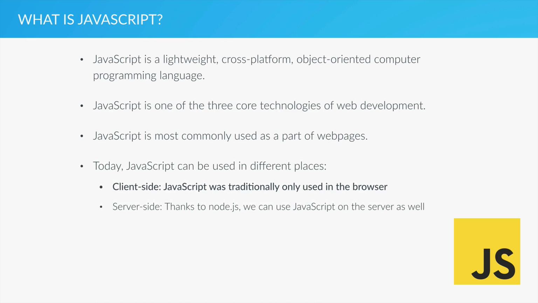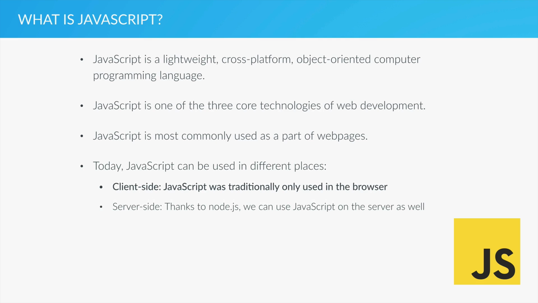So on the web, JavaScript was traditionally only used in the browser environment, which means that it's only a client-side language. However, more lately, thanks to new technology called Node.js, which you may have heard of, developers have been able to use JavaScript on the server side as well, making it interact with databases and files on servers. But that is a whole big topic for itself, and we will not cover it in this course.